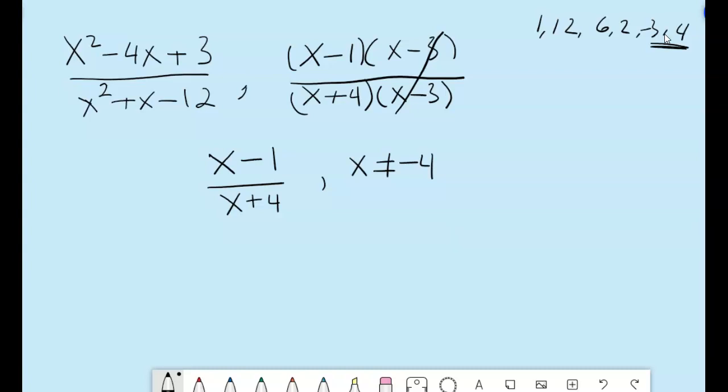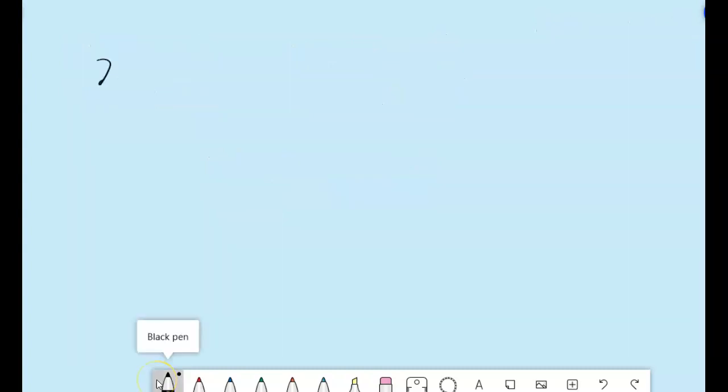All right, let's look at our next example. 2x plus 12 all divided by x squared plus 7x plus 6.